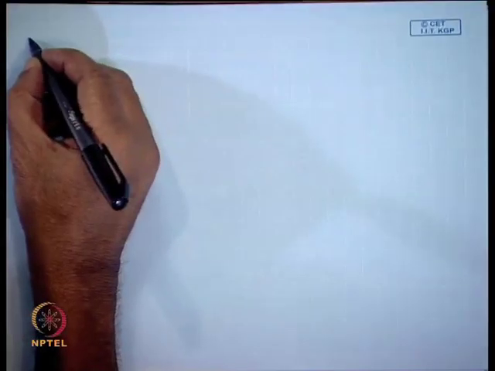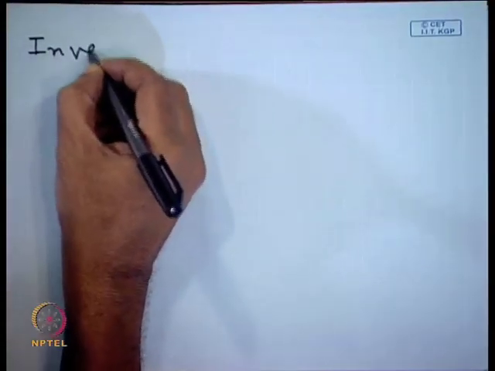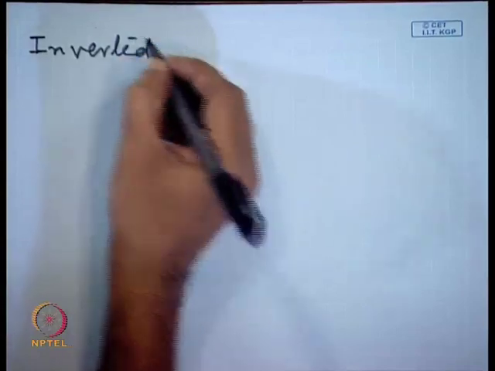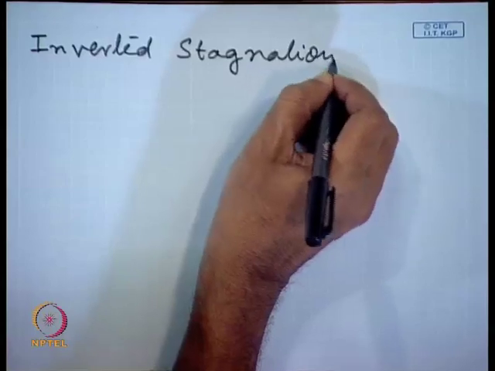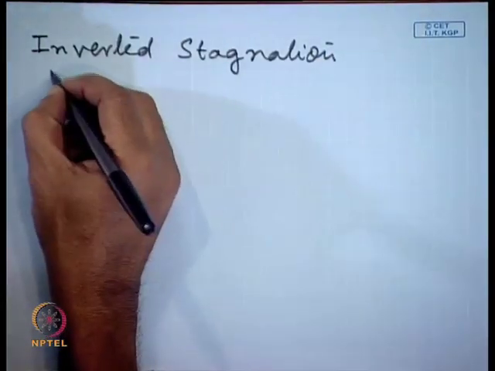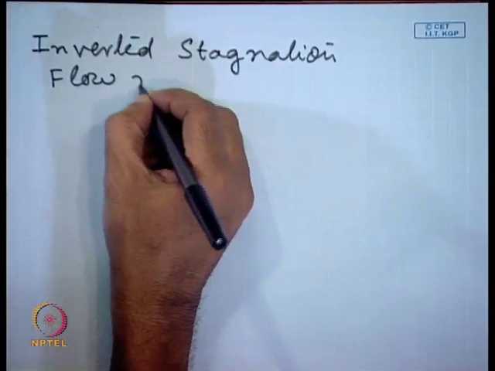Another model I like to discuss, which is a bit interesting, may not be very successful in predicting boiling heat transfer, but it is a bit interesting, that is known as inverted stagnation flow model. Inverted stagnation flow model. What is inverted stagnation flow model?